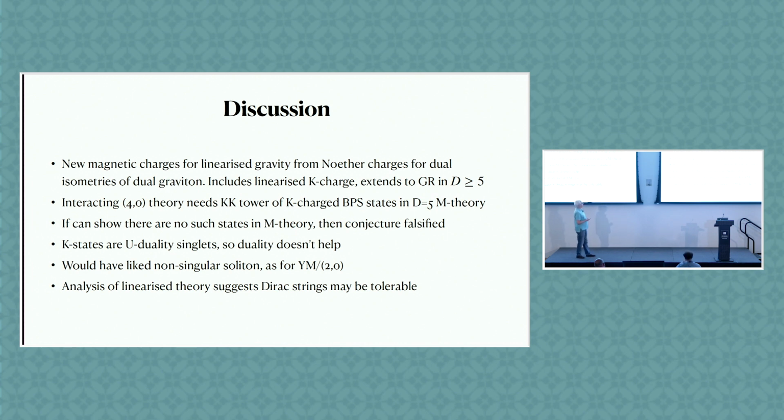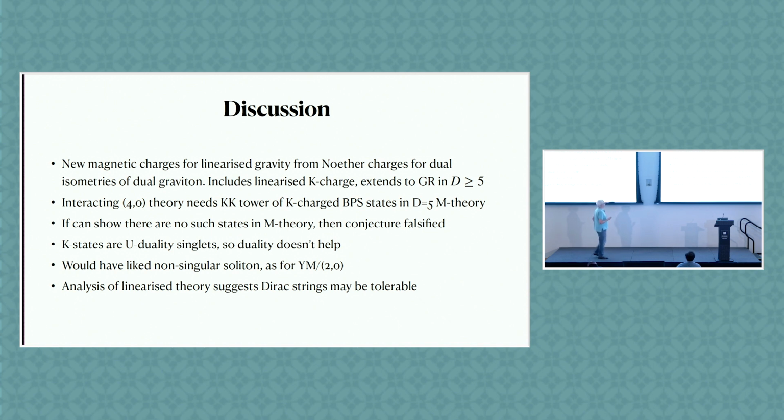The interacting 4,0 theory would need a Kaluza-Klein tower of K-charged BPS states in 5-dimensional M theory, or M theory compactified to 5 dimensions. So this provides a very non-trivial test which can be asked within M theory about whether such a theory exists.